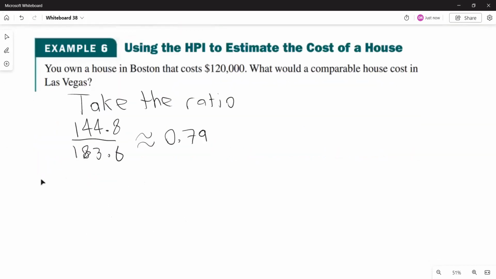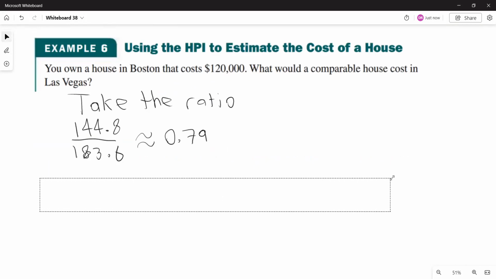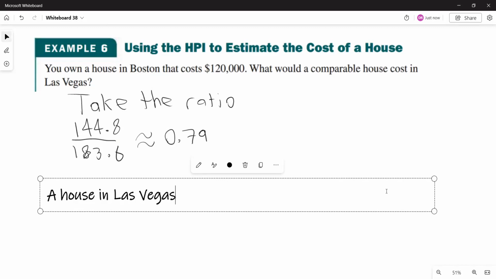With that, we can tell that a house in Vegas costs about 79% of a similar house in Boston.